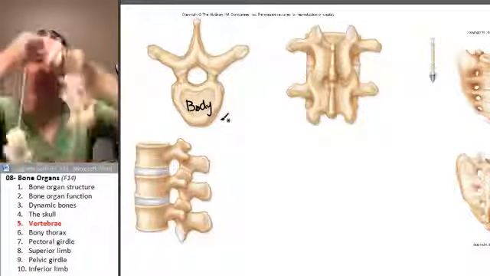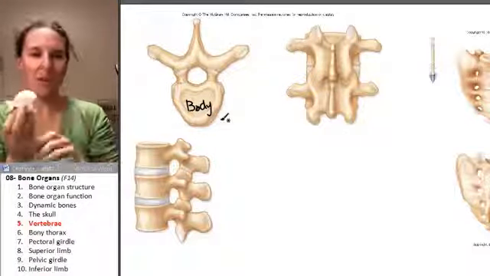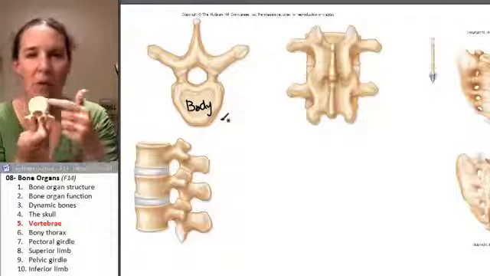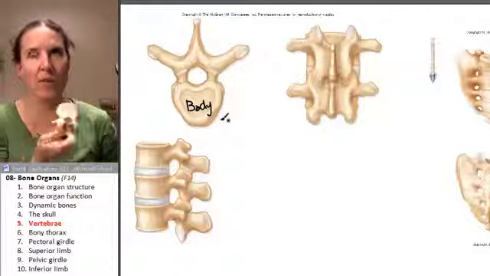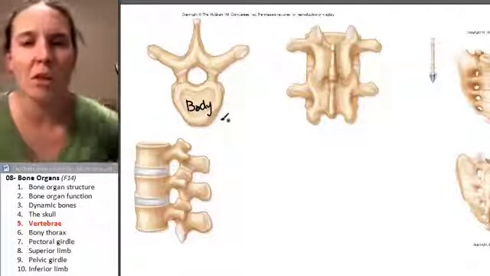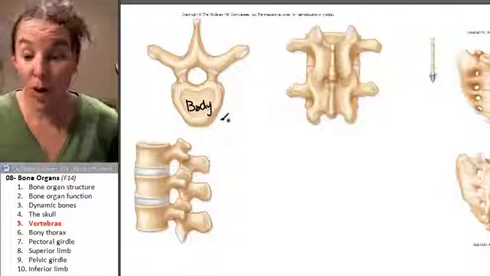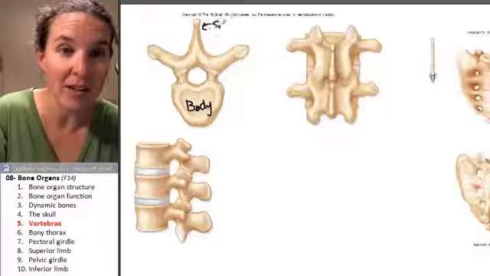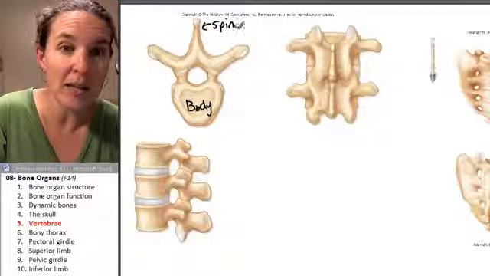Here comes a vertebra. I've got vertebra on a string here, and here is the round part. The round body of the vertebra. Now if you feel your spine, you are actually feeling the spinous process. That's this thing right here, spinous process.